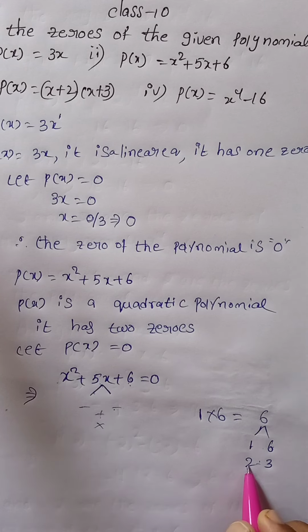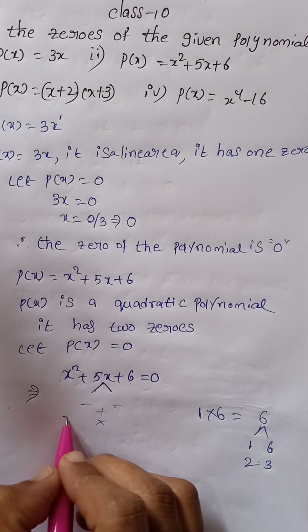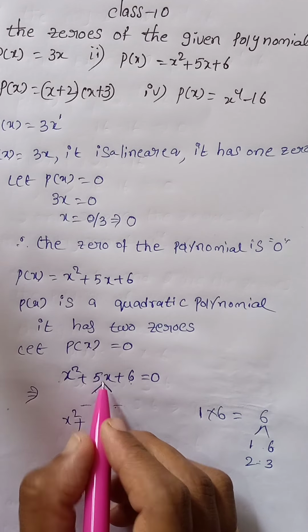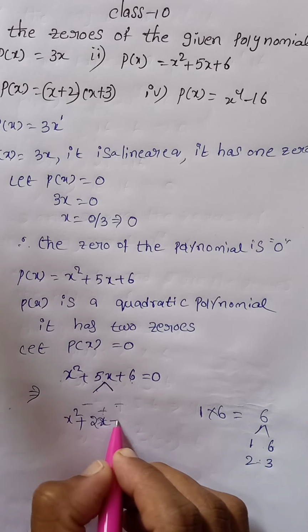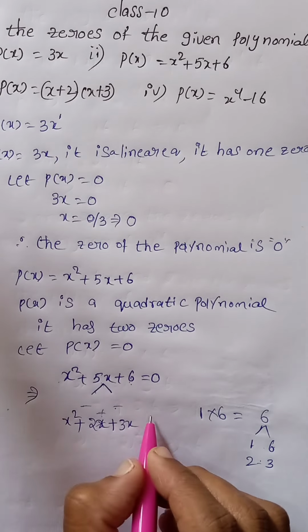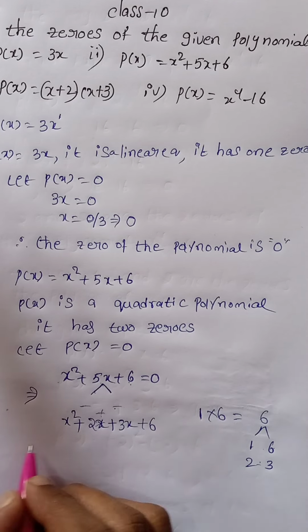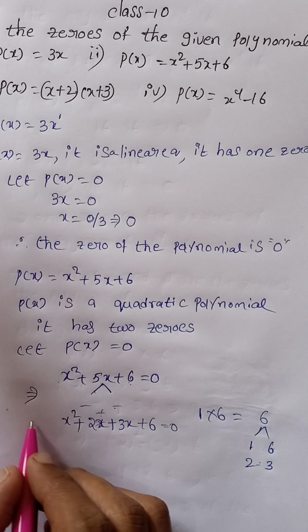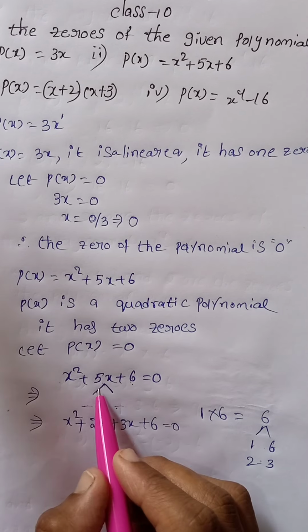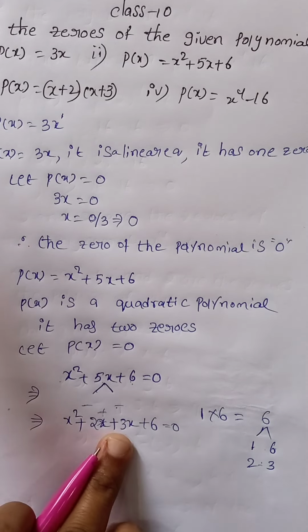So we can write this 5x as 2x plus 3x. So x square, 2x plus 3x, and here we have 6, equal to 0.